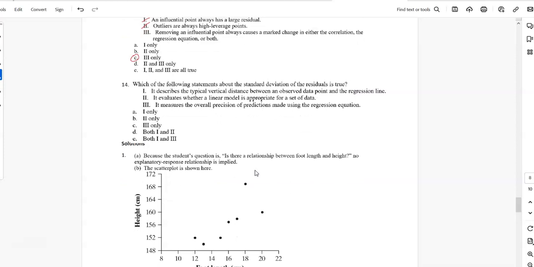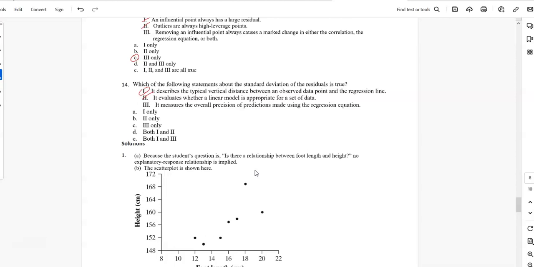Okay, we're to our last question. Which of the following statements about the standard deviation of residuals is true? It describes the typical vertical distance between an observed data point and the regression line. Yay, that is the definition of it. B, it evaluates whether a linear model fits. No, that's what a residual plot does, so that's not it.